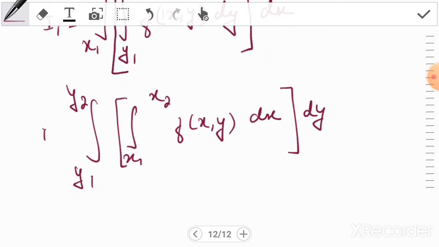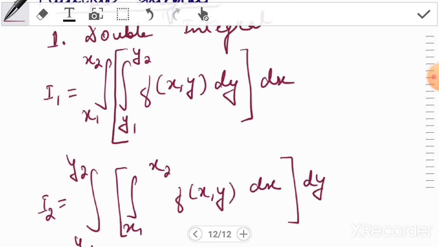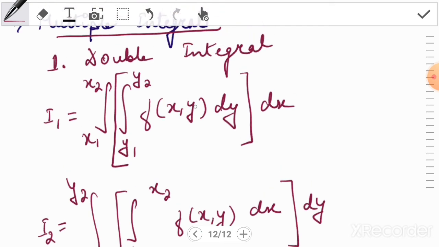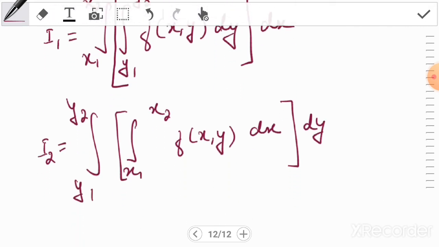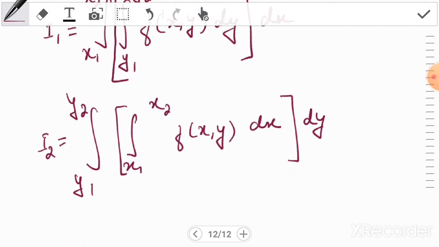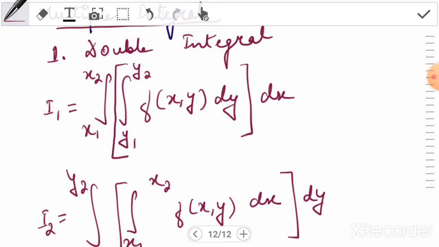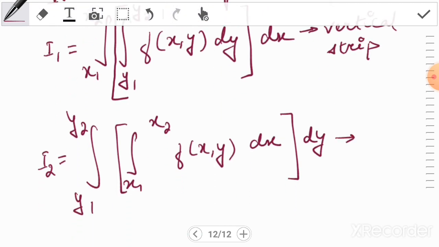Say this is I2. So in the first case, we integrated along the vertical strip, and in the second case, we are integrating along the horizontal strip.